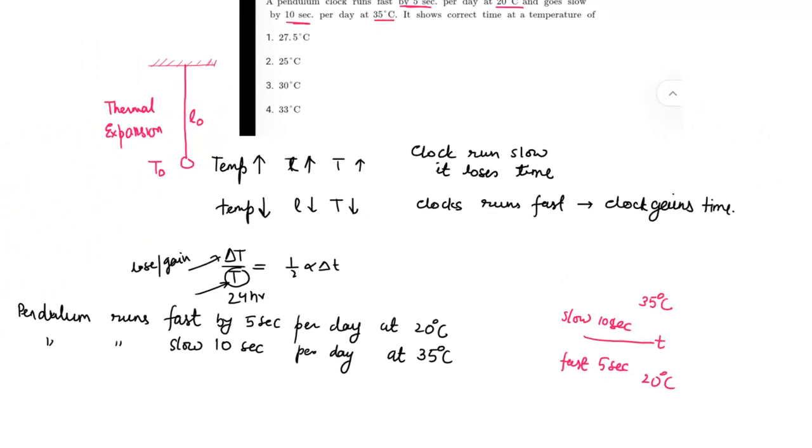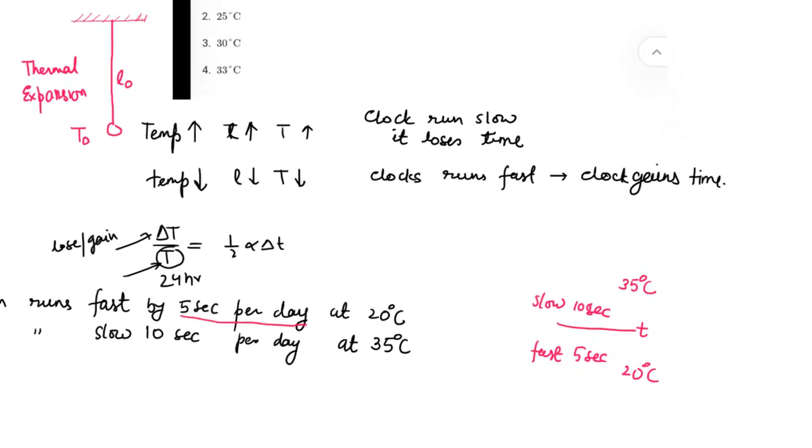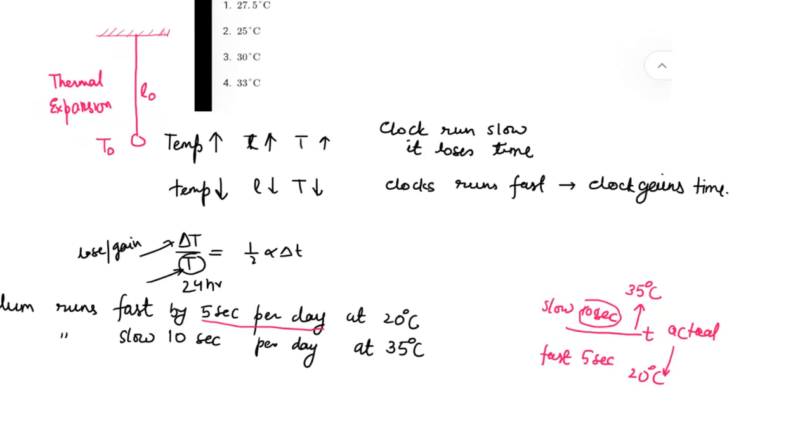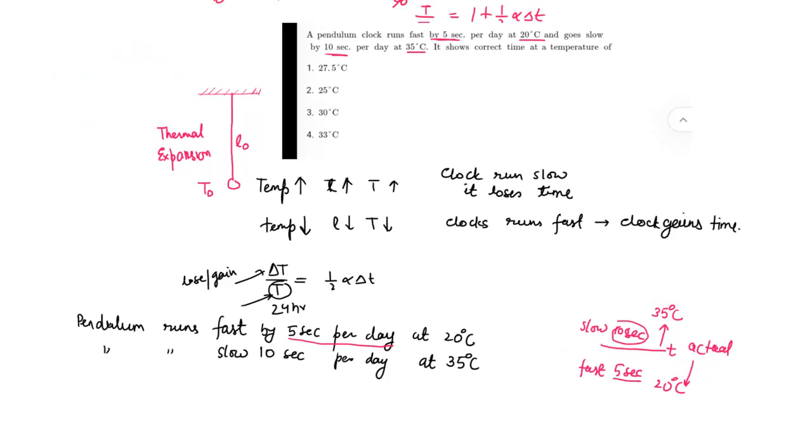Pendulum runs fast by 5 seconds per day at 20 degrees Celsius. So let the actual temperature at which it gives the correct time be t. At 35 degrees the time period will be more, so it is slow by 10 seconds per day, and at 20 degrees Celsius it becomes fast moving, I mean it gets 5 seconds more.